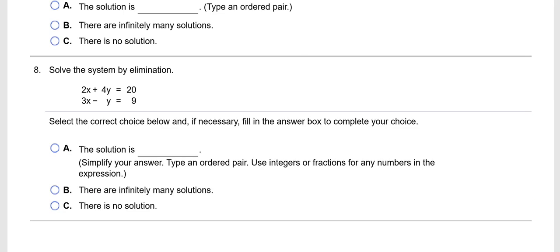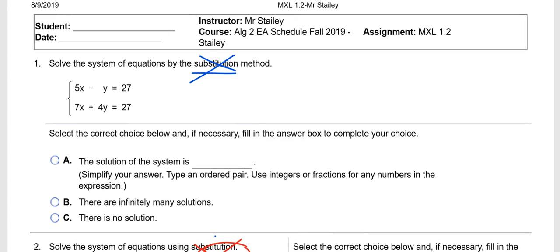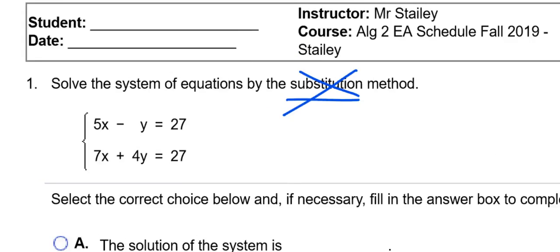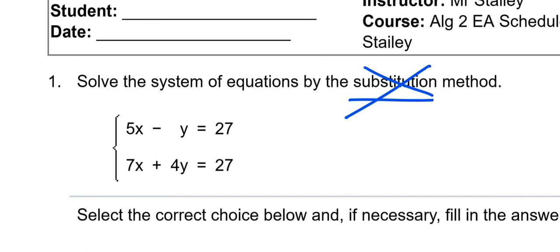All right, let's go back up here to question 1, because this is a definite elimination question. Now, I'm going to ask you the same question I asked you before.